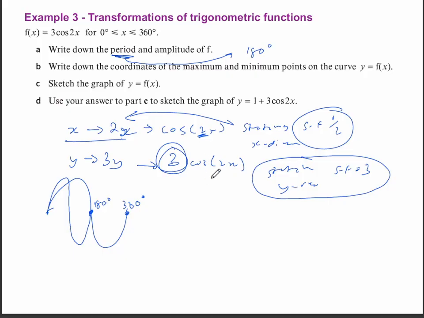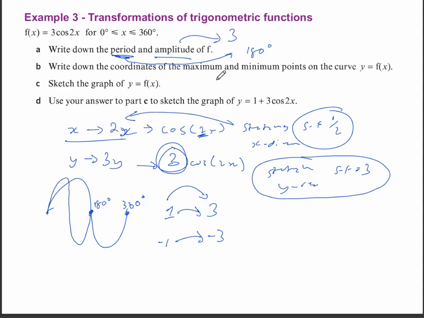So they are completely independent of each other. So the amplitude, originally it's 1, and now whatever is 1 has been multiplied by 3 to get 3. Whatever is negative 1 has been multiplied by 3 to get negative 3. Therefore the amplitude now, what has it become? From 1, the amplitude has become 3, meaning the height between the center and the highest point. So the period is 180 degrees, while the amplitude is 3.